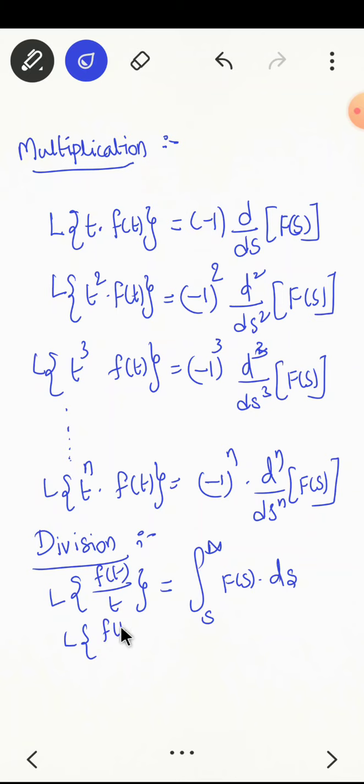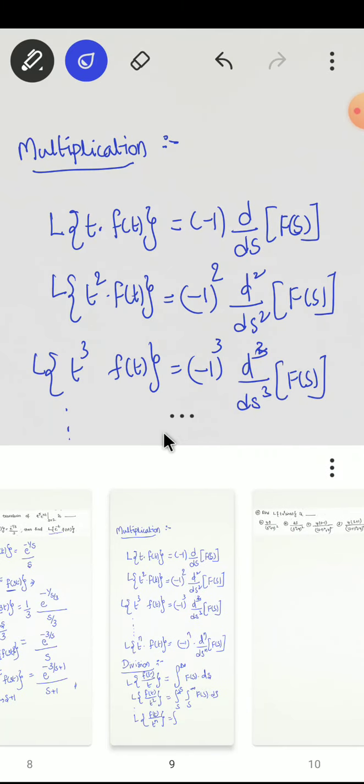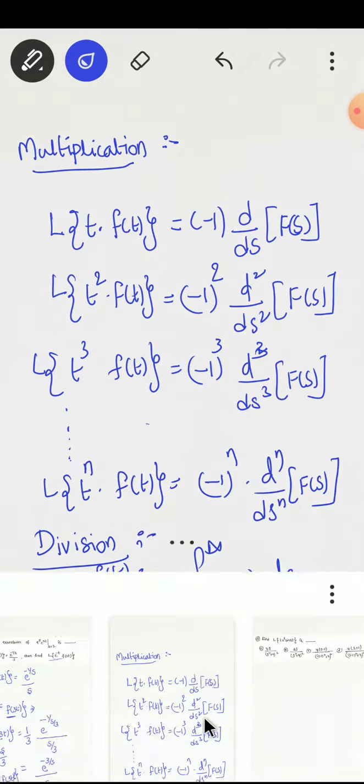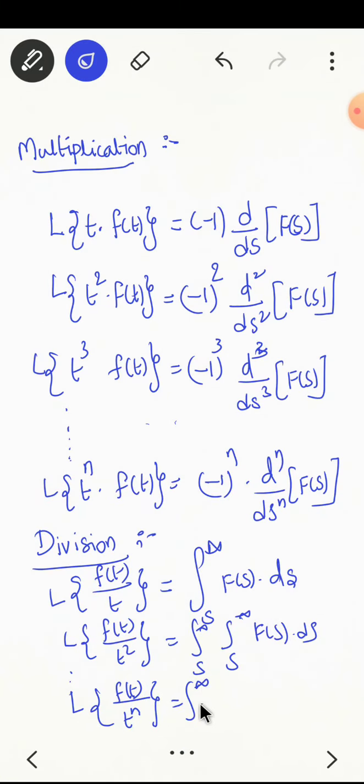Laplace of f of t by t square, suppose, then integral s to infinity twice of f of s ds. Likewise, if you have division by t to the power n, then it can be written as integral s to infinity, n times, of f of s ds. Okay, hope you are getting this.